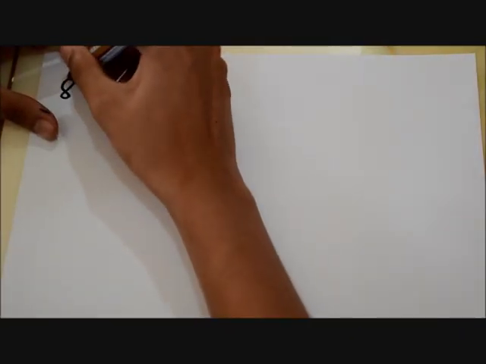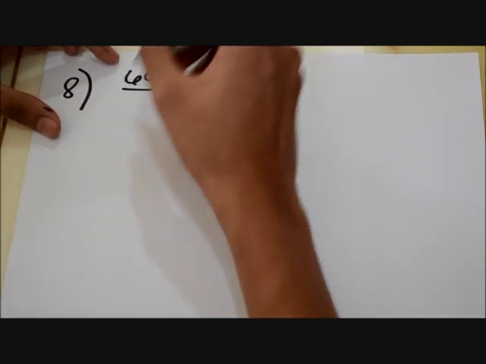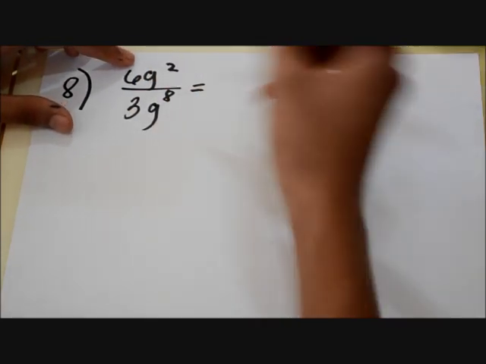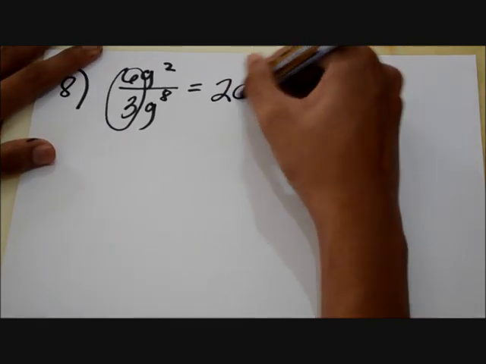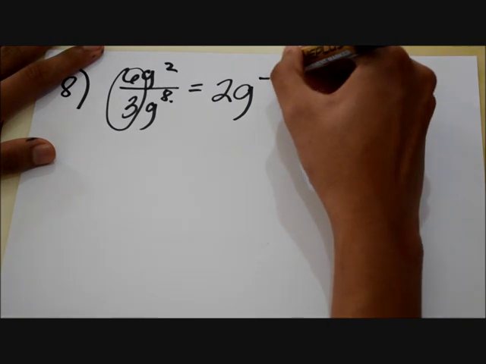We are going to have another example. Given 6 grams squared over 3 grams raised to the power of 8. So we're going to divide the constants first. That would give us 2 grams.